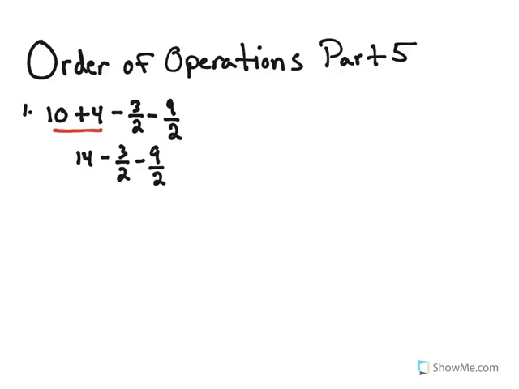Now what we want to do here is go left to right, to prevent any problems. It's always recommended that you don't take any odd shortcuts and start adding things that are way over to the right.